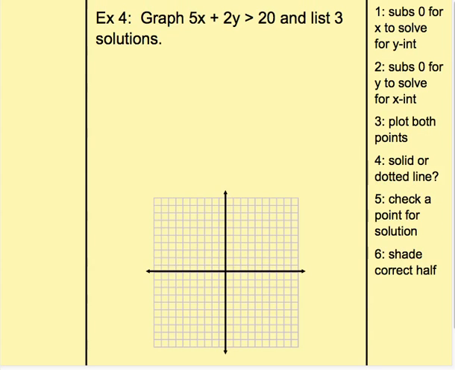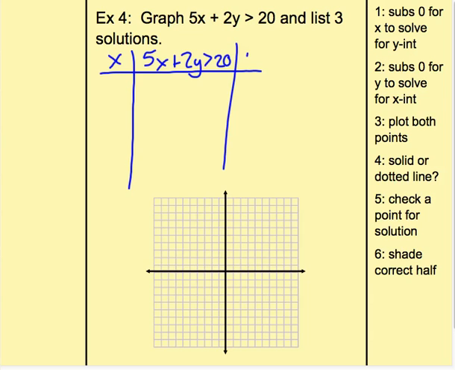Last example, same process. We're going to start by substituting 0 for x and 0 for y. So if I replace x with 0, I get 2y equals 20, or y equals 10 if I divide both sides by 2.